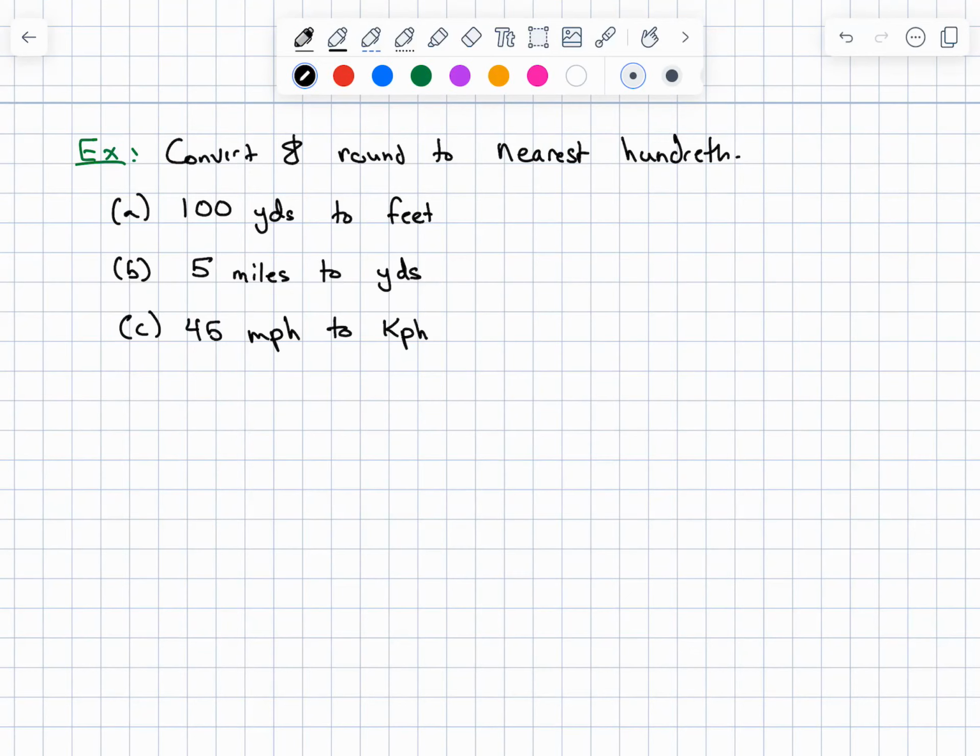What's it? Kilometers per hour. Yes, kilometers per hour. And then last one, D will be 20 miles per hour to feet per second.